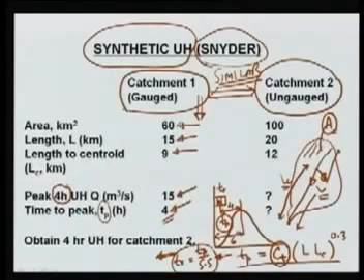So we would have to find out the coefficient CT and CP, knowing that this TP and TR are not standard values. And in that case, Snyder has given a relationship.